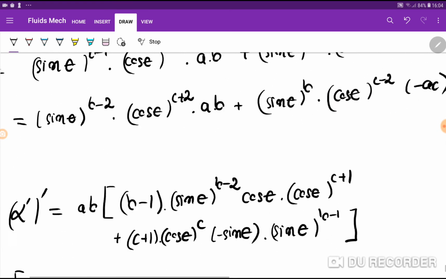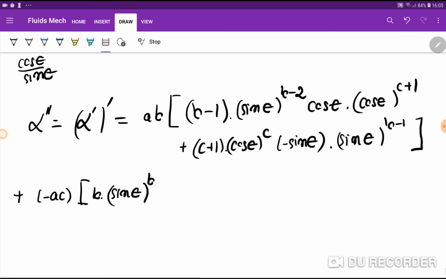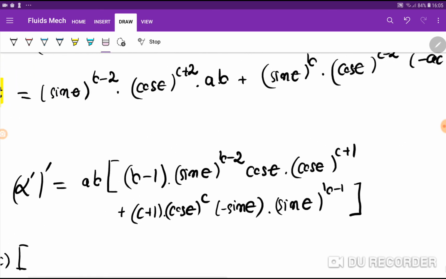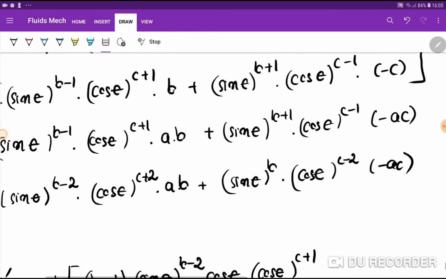Okay, sine phi b plus 1 first. So it would be b times sine theta of b, right? Oh, no. There's no way.